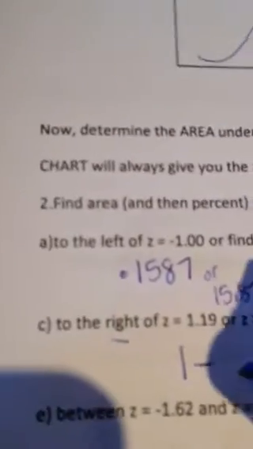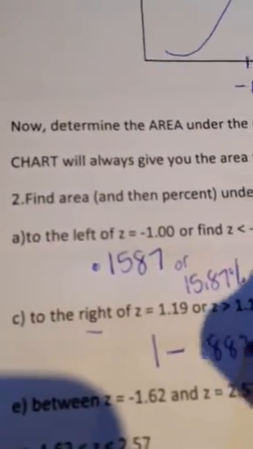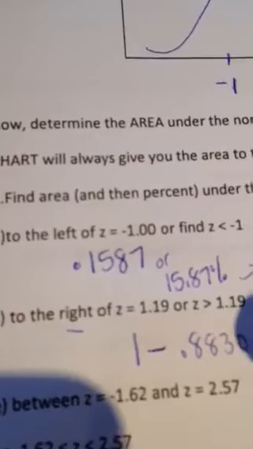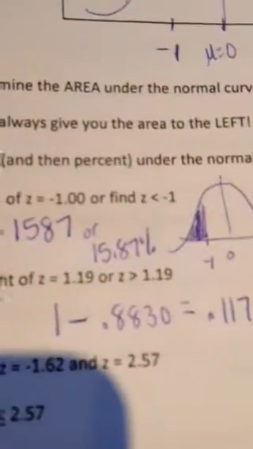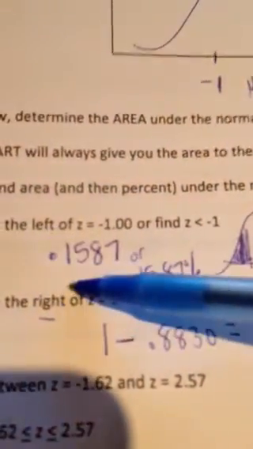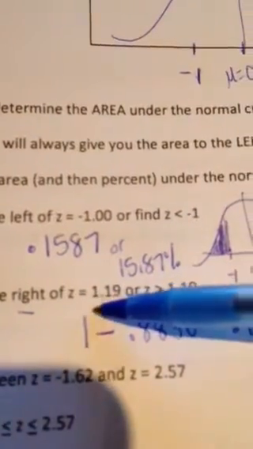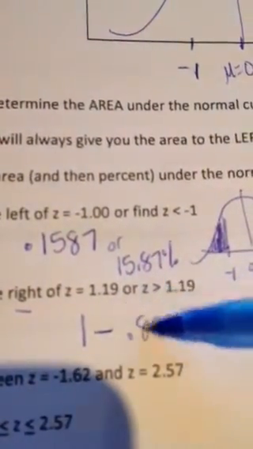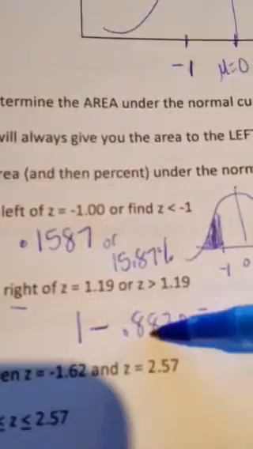So to get to the right, you do 1 minus 0.8830, and you get 0.1170, okay? So if it ever says to the right, you do 1 minus whatever that was that you looked up, and that's the area to the right. So here's your picture.